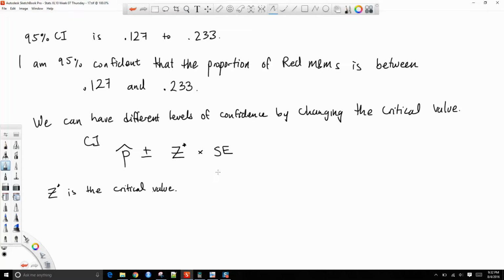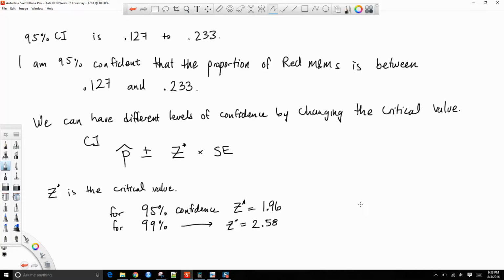So z star is our critical value, and they're just kind of these set values. For 95% confidence, z star is equal to 1.96. If you want to be more confident, for 99% confidence, z star is equal to 2.58.